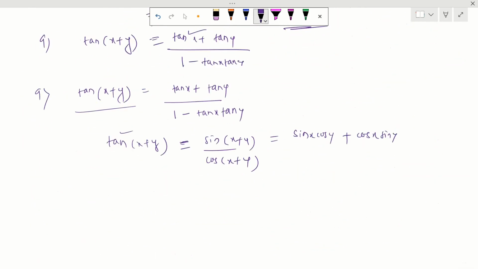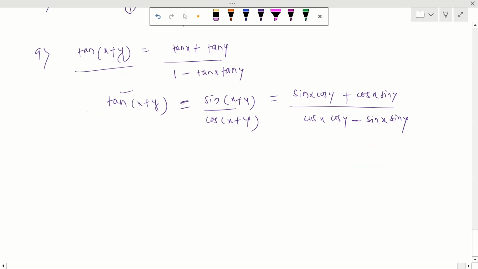And what is the cos of x plus y formula? Cos of x plus y is cos x cos y, here minus will come, sin x sin y. Now we divide both terms by cos x cos y.